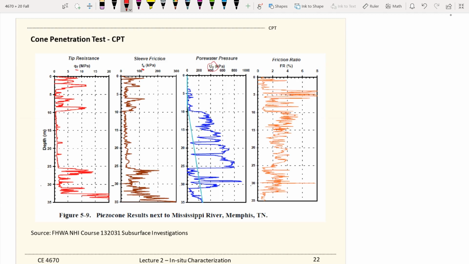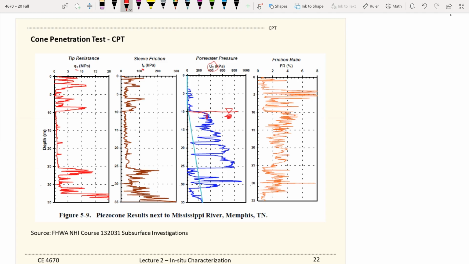From the pore pressure, you can tell where you start to pick up the water pressure at this depth, so you know the water table. This is quite clear. Sometimes the data could be a little messy or noisy, and then you may have a hard time interpreting it, but this one is obvious for the water table. It's at about 10 meters deep.